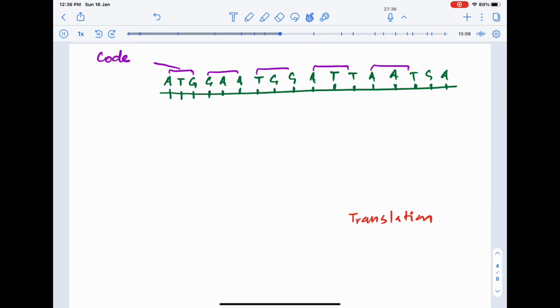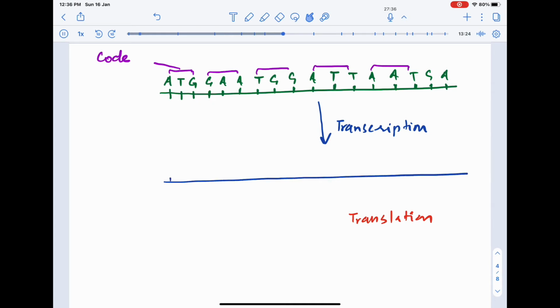When it is copied onto an mRNA molecule by transcription, this mRNA molecule has the complementary nucleotide sequence to the coded sequence on the DNA template.